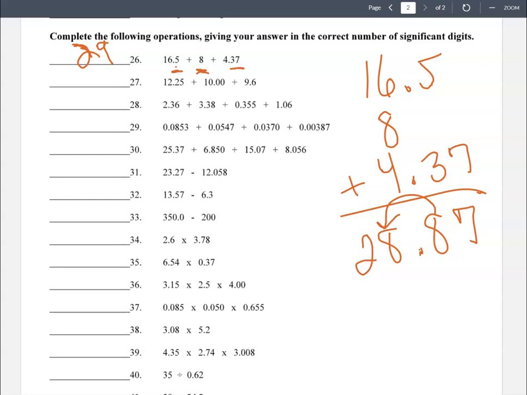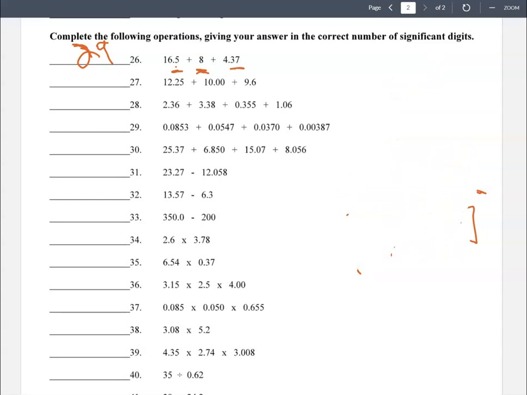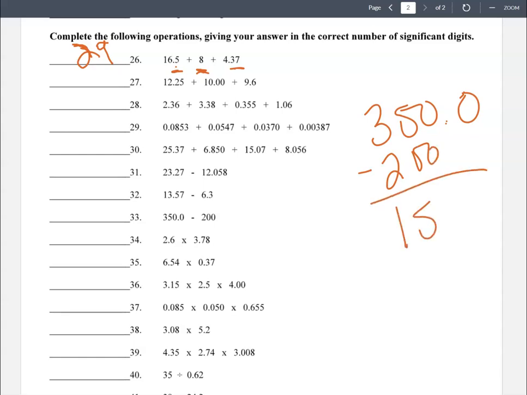So, in the case of number 33, 350.0 minus 200 is 150.0 because we're bringing that down in our subtraction.